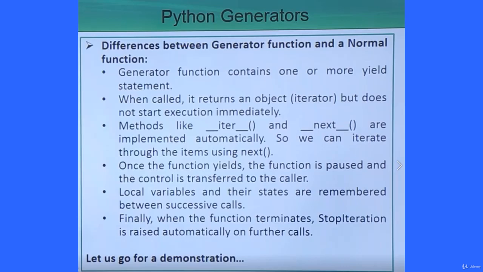So, we can iterate through the items using next, the next method. Once the function yields, the function is paused and control is transferred to the caller. Local variables and their states are remembered between successive calls. And finally, when the function terminates, StopIteration is raised automatically on further calling.